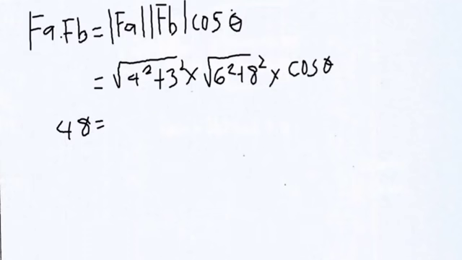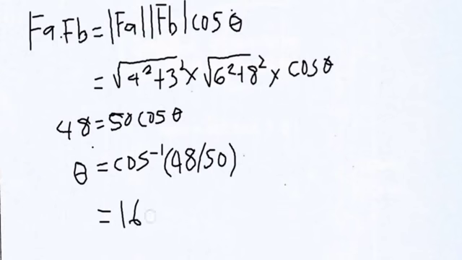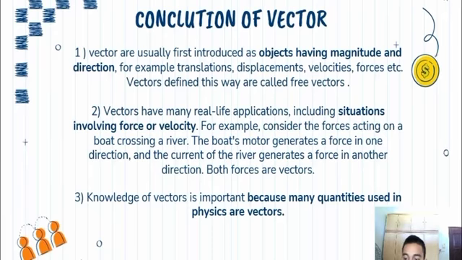So we get 48 equals 15 cos theta, and then theta equals shift cos of 48 over 15, and we get 16.26 degrees.